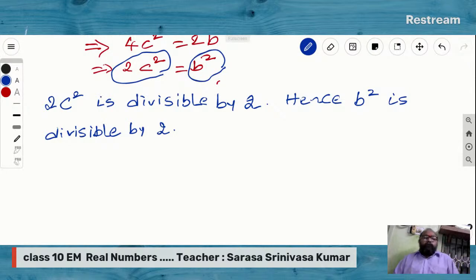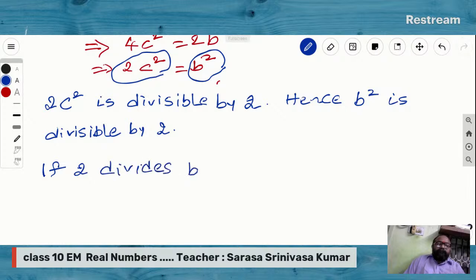Now we apply theorem 1.6. By theorem 1.6, if 2 divides B square, then 2 divides B. Right.